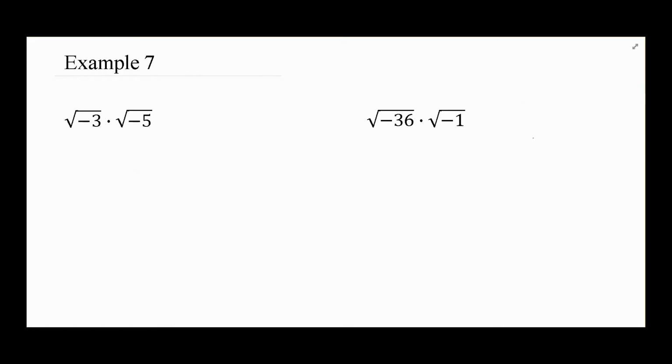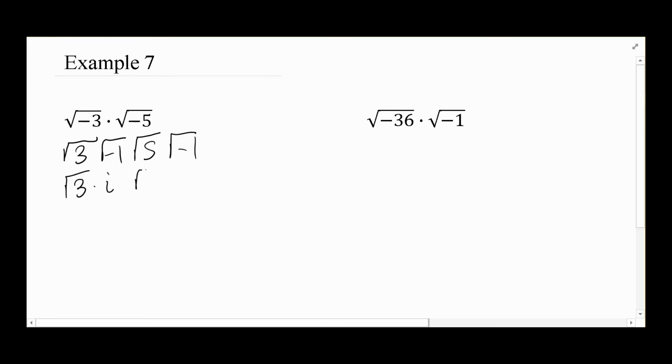If I want to combine the square root of -3 times the square root of -5, I need to first of all call this square root 3 square root -1, square root 5 square root -1, which makes this square root 3 times i, and square root of 5 times i.